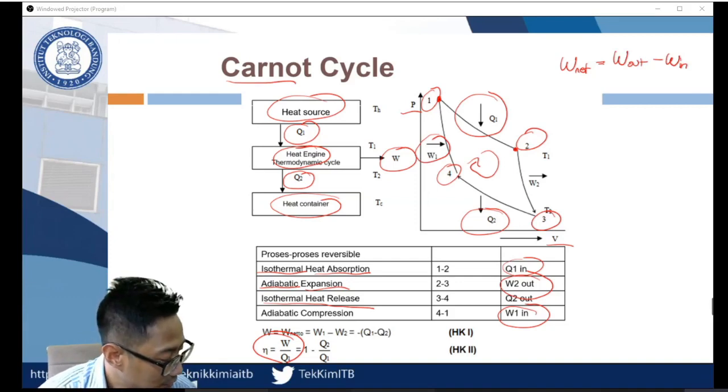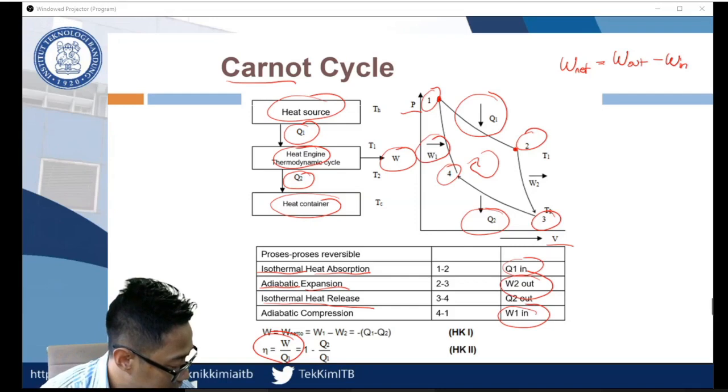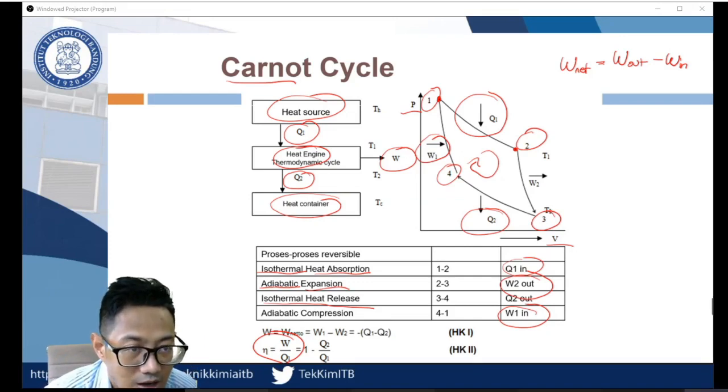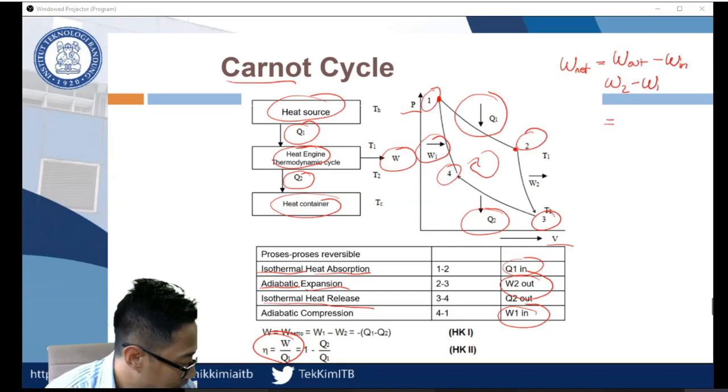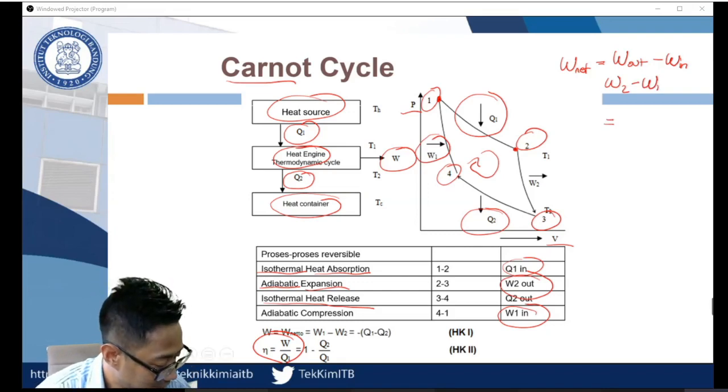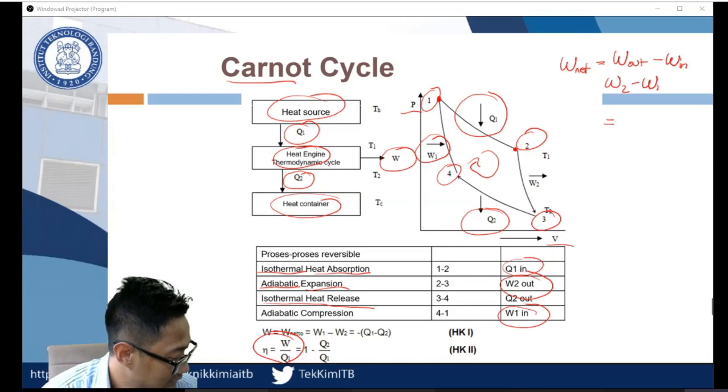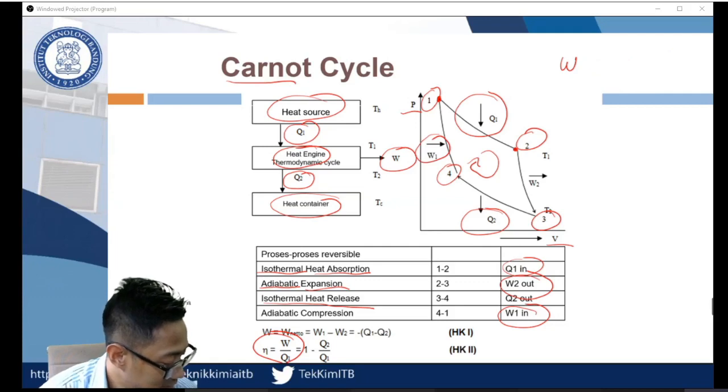So the work netto is work 1 minus work 2. Work netto is positive. So work out minus work in. Sorry, this is my mistake. Use the standard term.